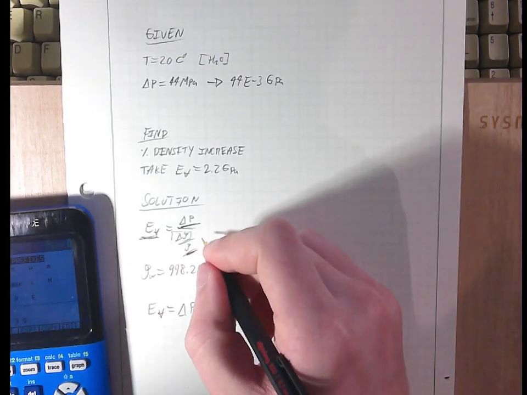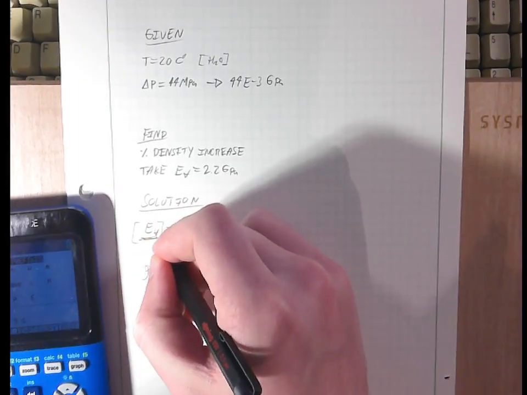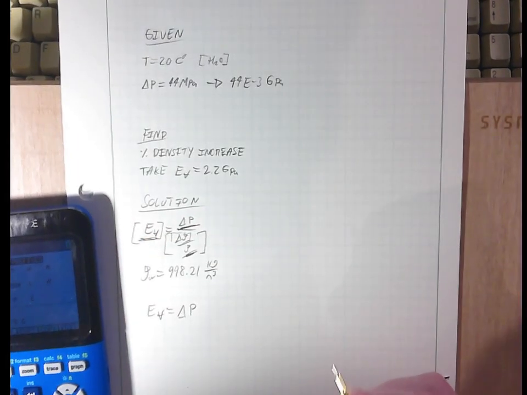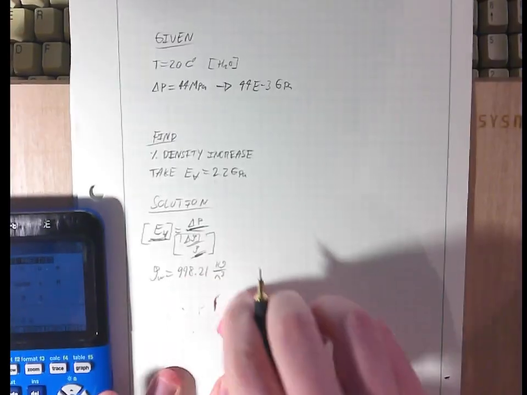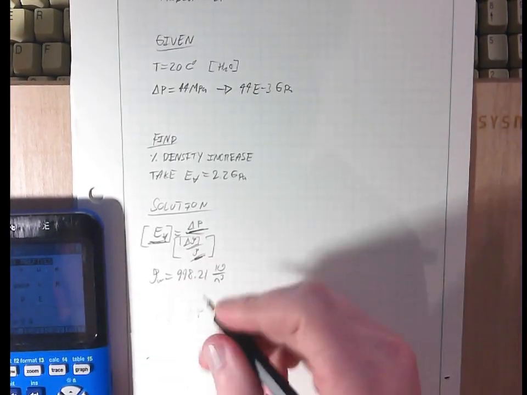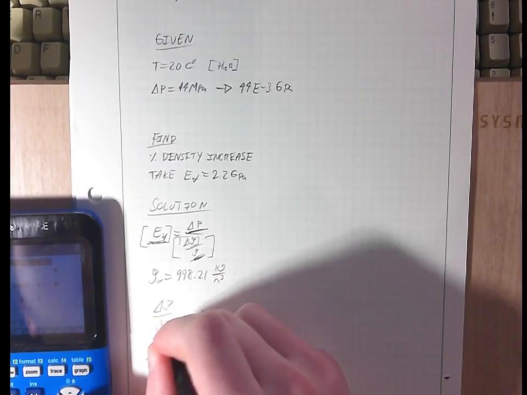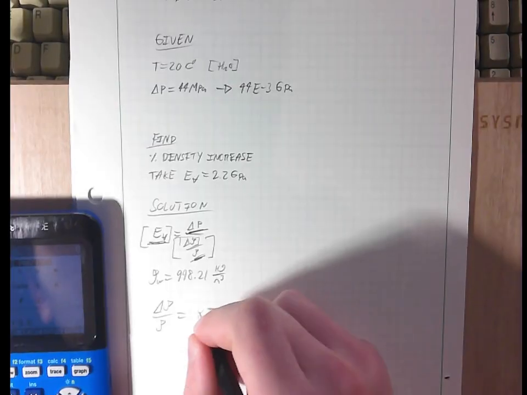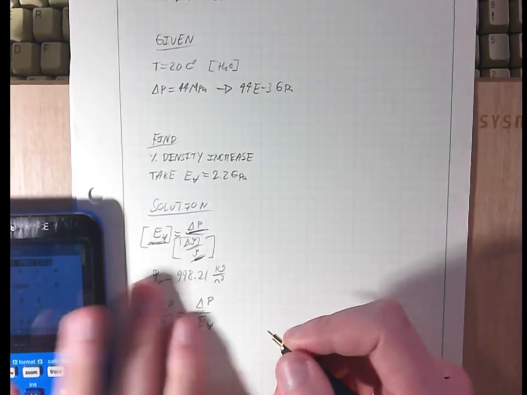So what we can do is we can see this as one unit and this as one unit, and we can just make them trade spaces, which is really intuitive. So let's do that real quick. So now we have delta density over density equals delta P over EV.